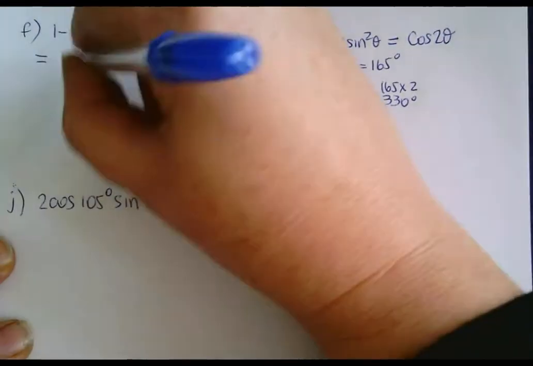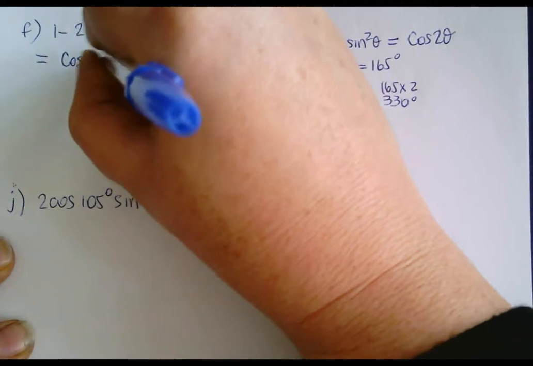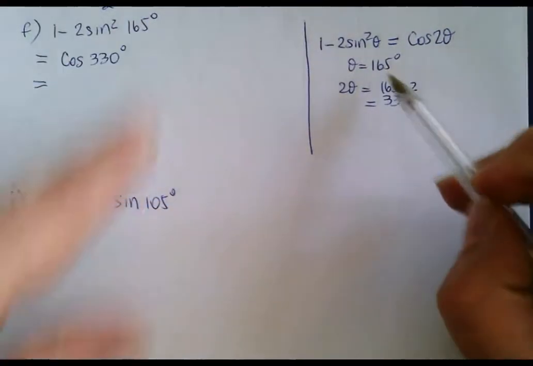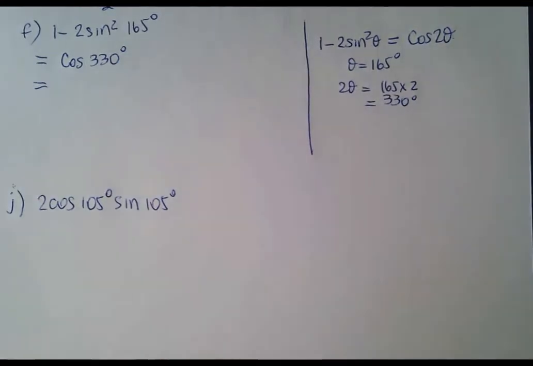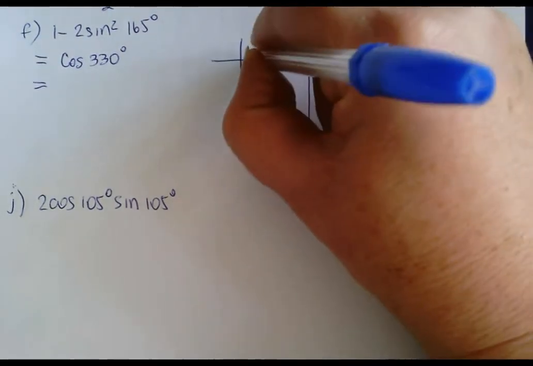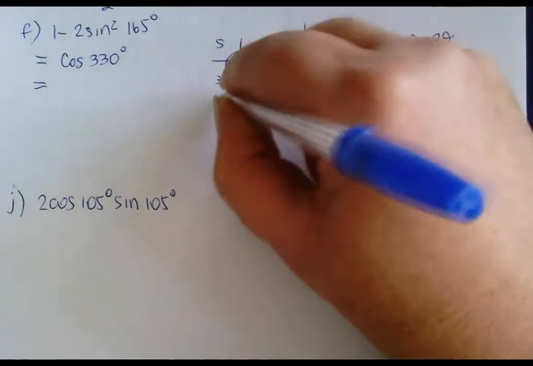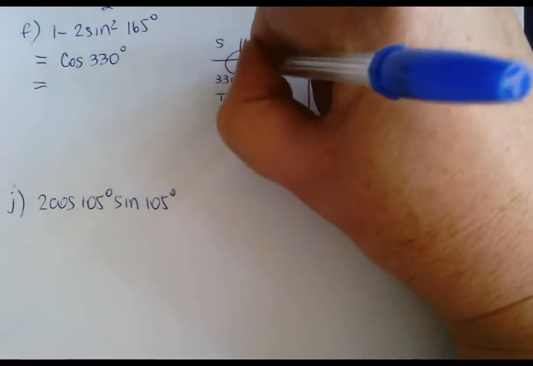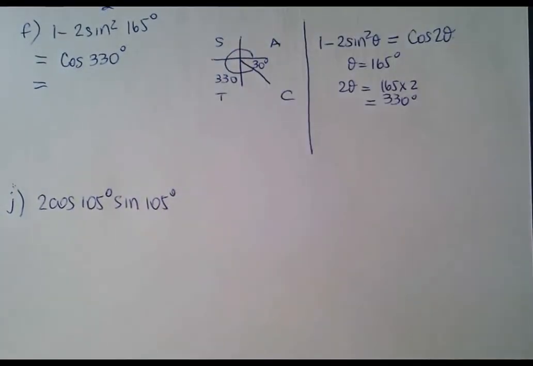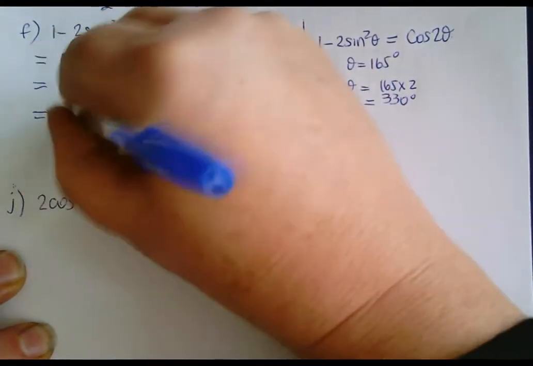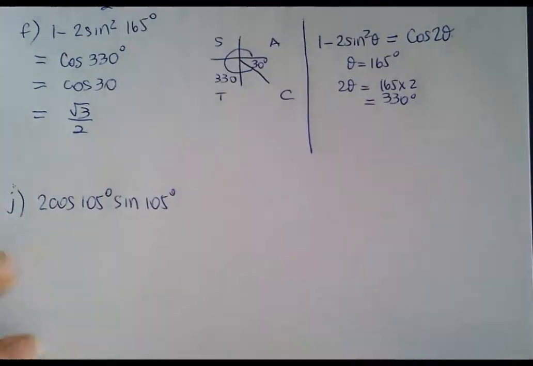So that really is the same as the cos of 330 degrees. So cos of 330, all stations to central. 330 is here. It's quadrant 4. The acute angle is 30. Is it positive? So it's really just the same as cos of 30, which is root 3 on 2.